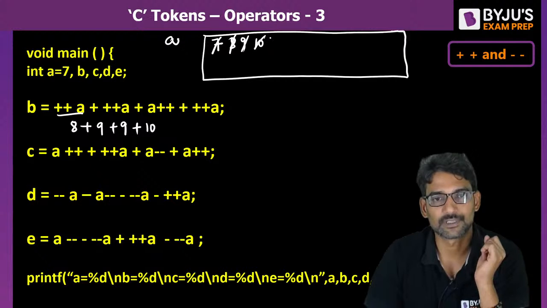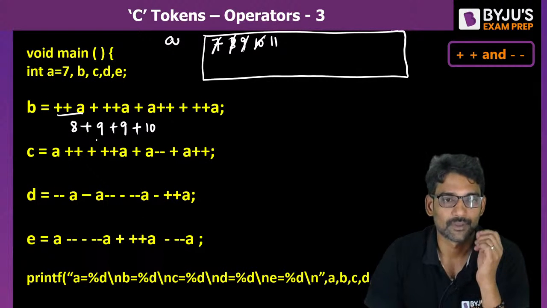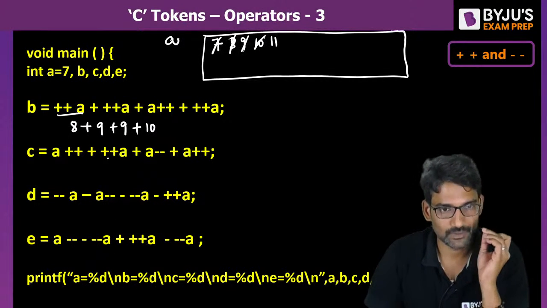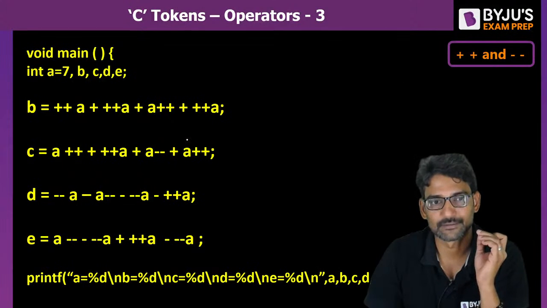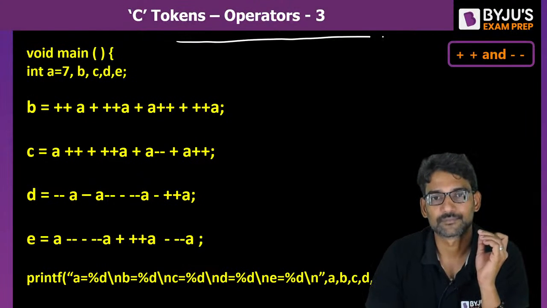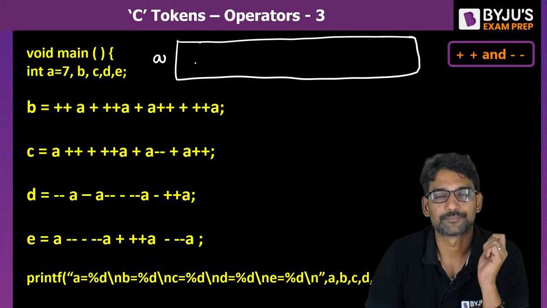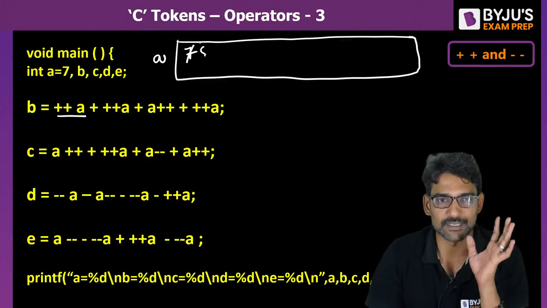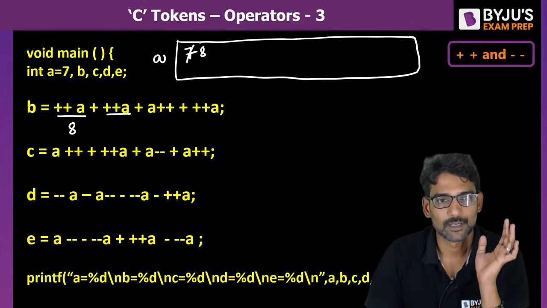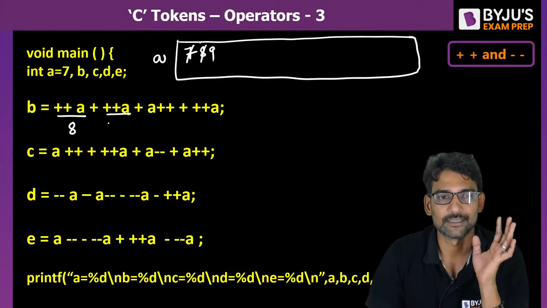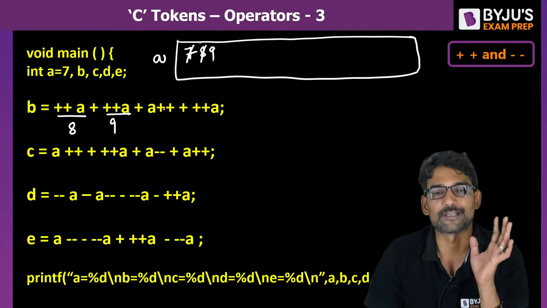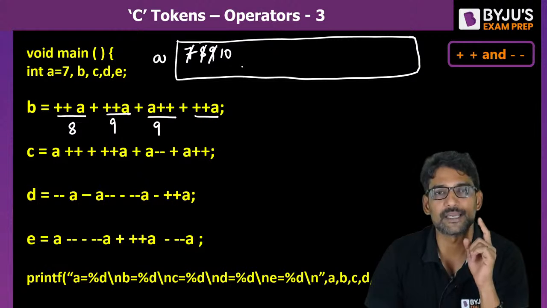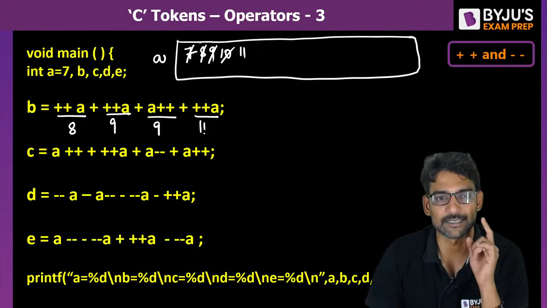Sorry, 10 should become 11. Wait, let me do it again. Plus pre-increment A, so first increment, assign. Plus A first increment, assign. A first assign, then increment. Plus A first increment, then assign.